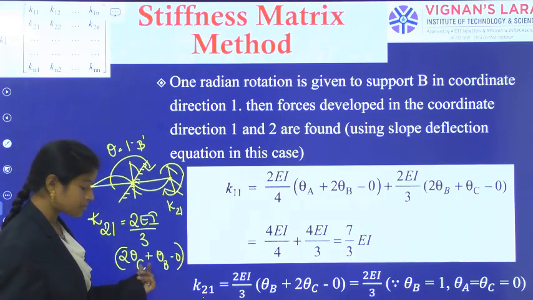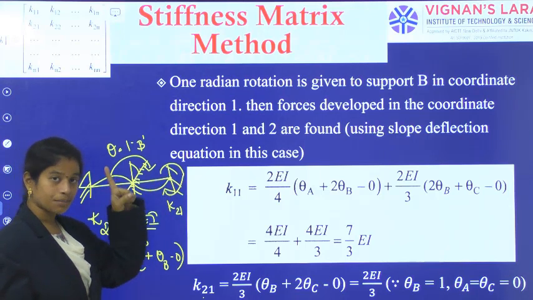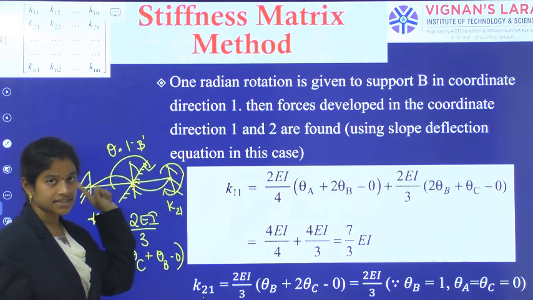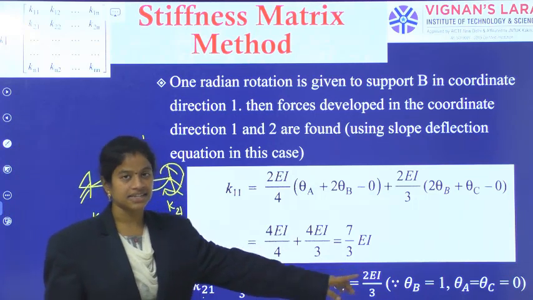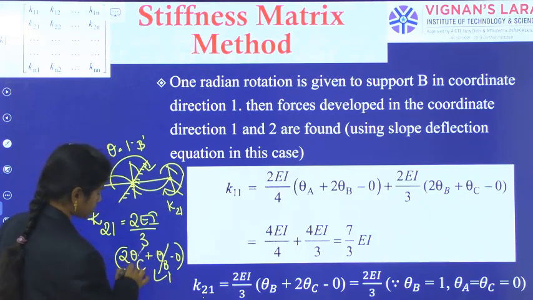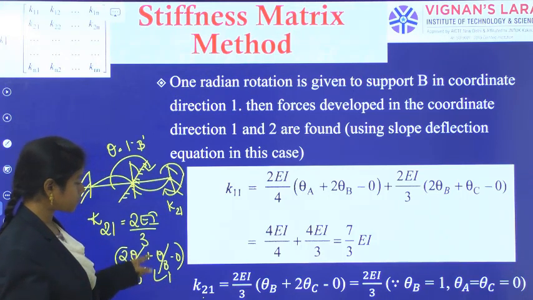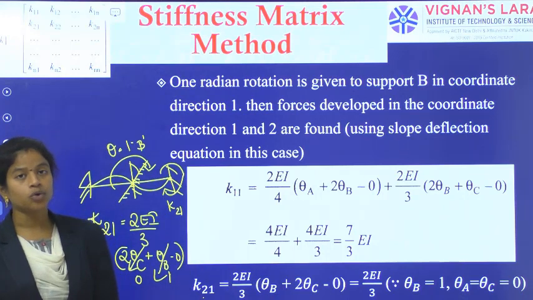Theta C is 0, only theta B is 1; theta A and theta C are zeros. Substituting that, theta B equal to 1 and theta C equal to 0, so 2EI by 3. That is K21, due to unit rotation at 1.